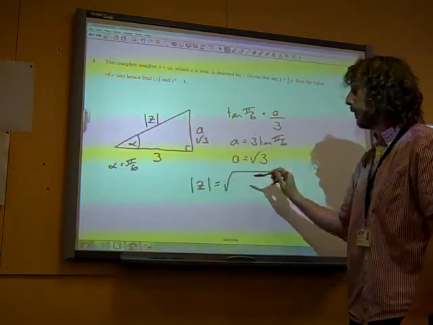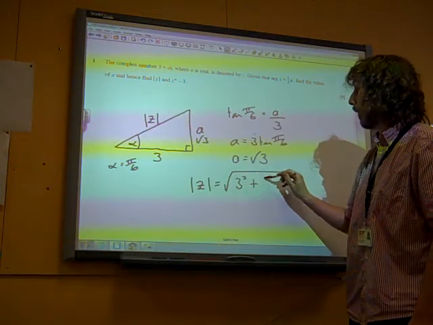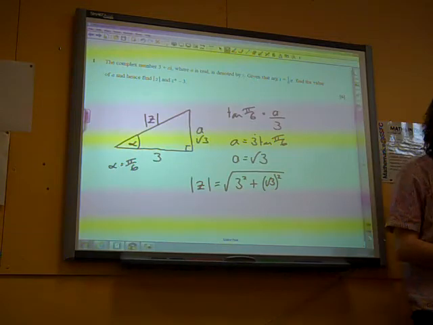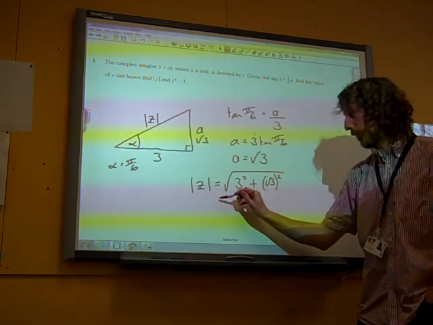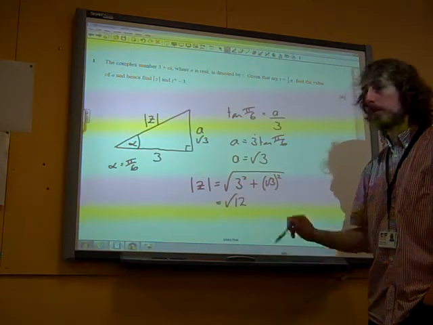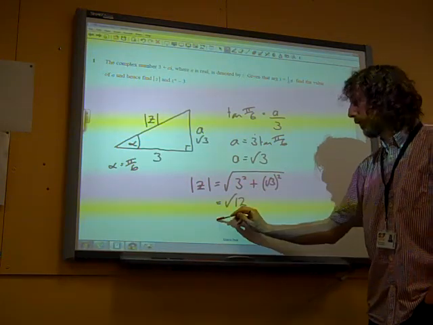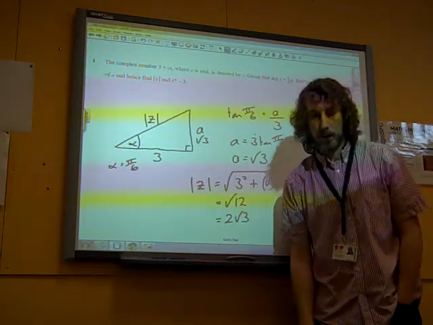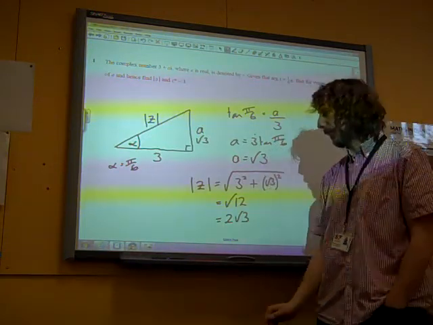That is the square root of 3 squared plus root 3 squared, which is 9 plus 3, so that's root 12. And another way of writing root 12 is 2 root 3. That was quite nice.